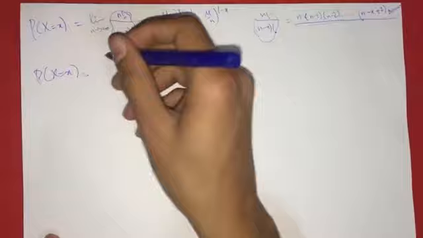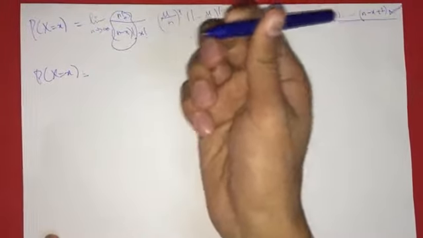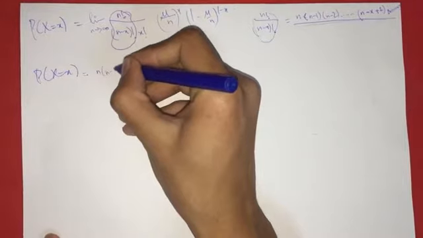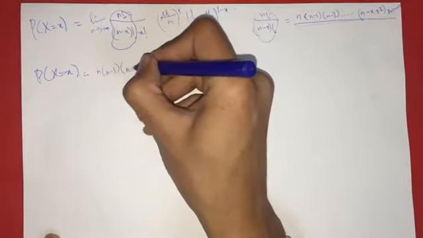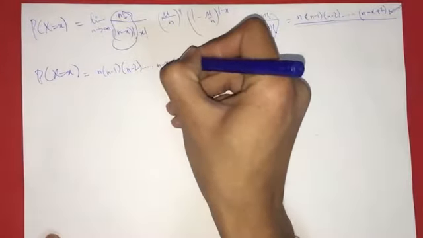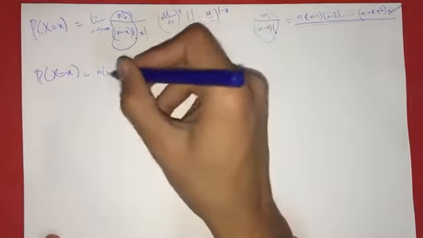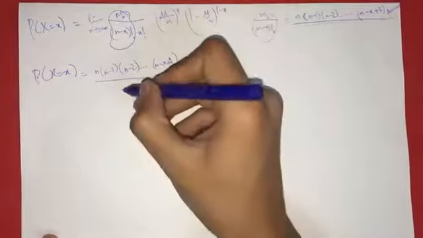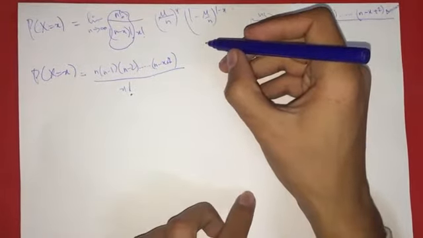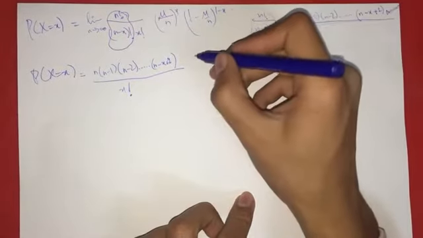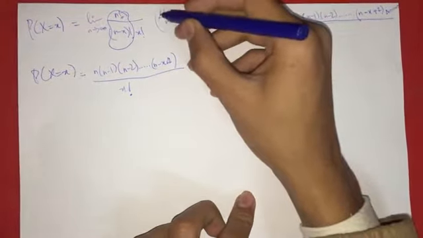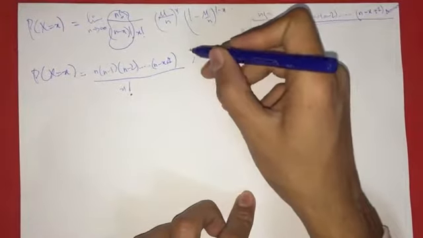So let me just put this value in place of this one. So I have n into n minus 1, n minus 2, up to n minus x plus 1, divided by x factorial. I have mu, and I can also write the powers separately.